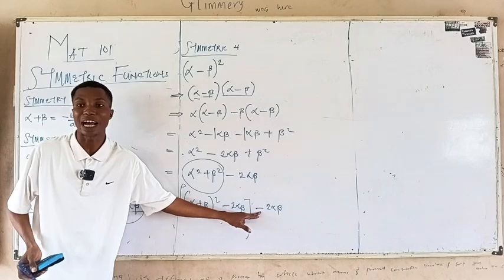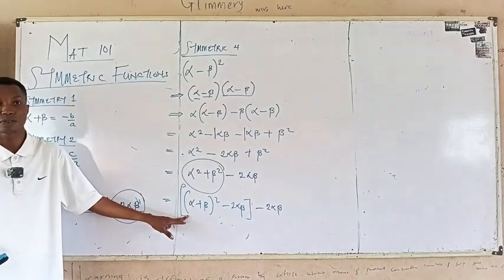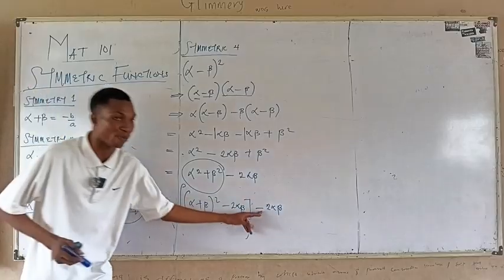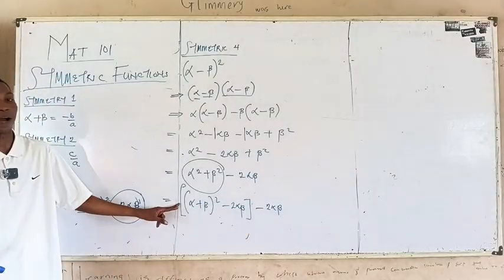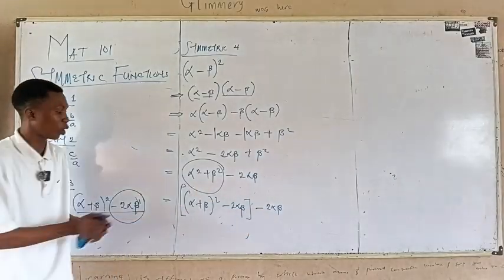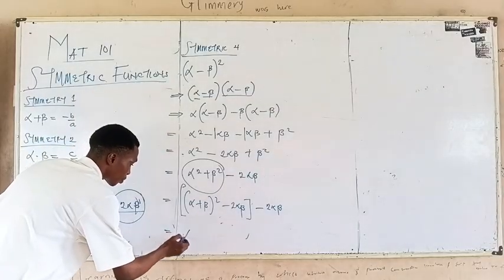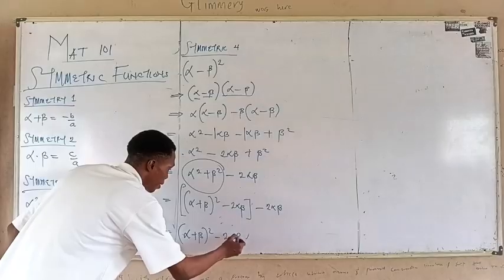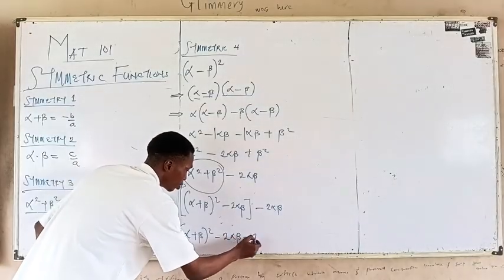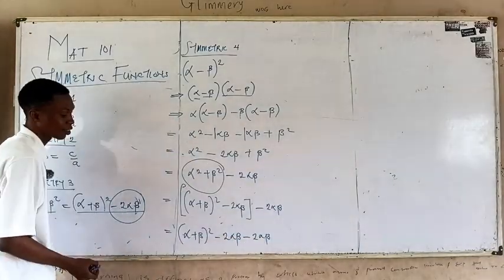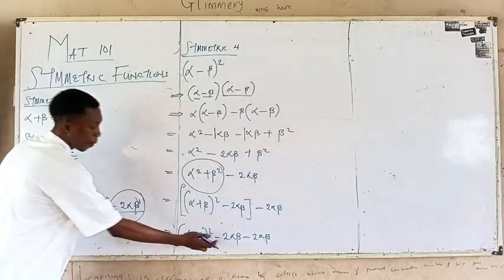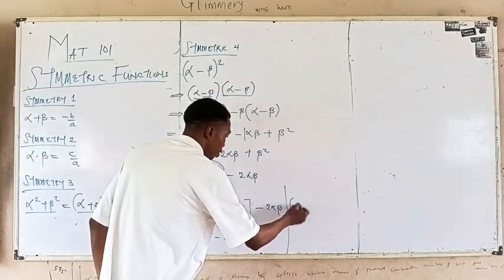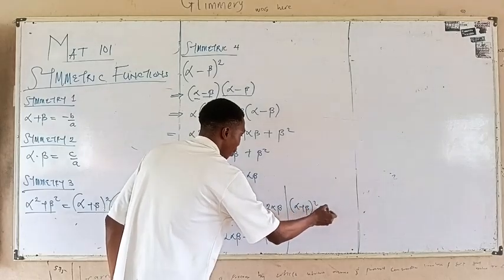Will the minus sign affect this bracket? No. Why? Because it's after the bracket. If it was before the bracket, it would affect. So what do I have? Alpha plus beta all squared minus 2 alpha beta, minus 2 alpha beta. So what's common? Hence, what's the answer? Minus 4 alpha beta.